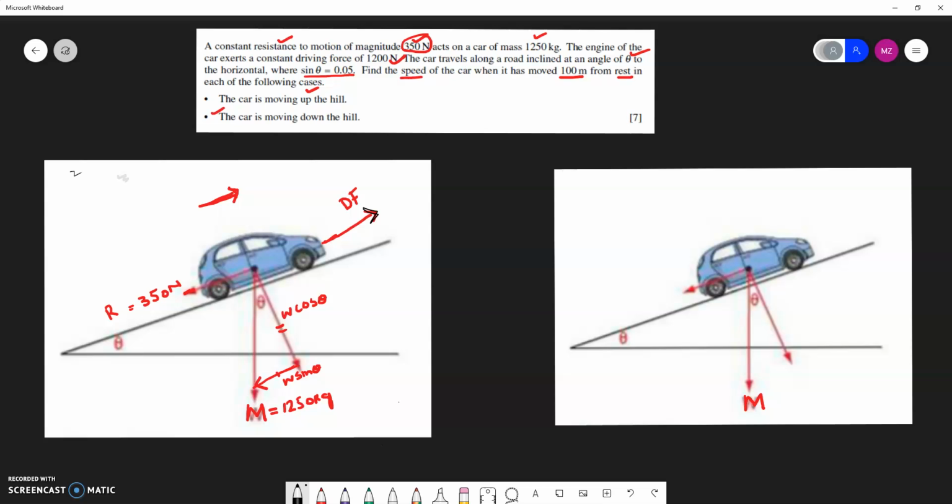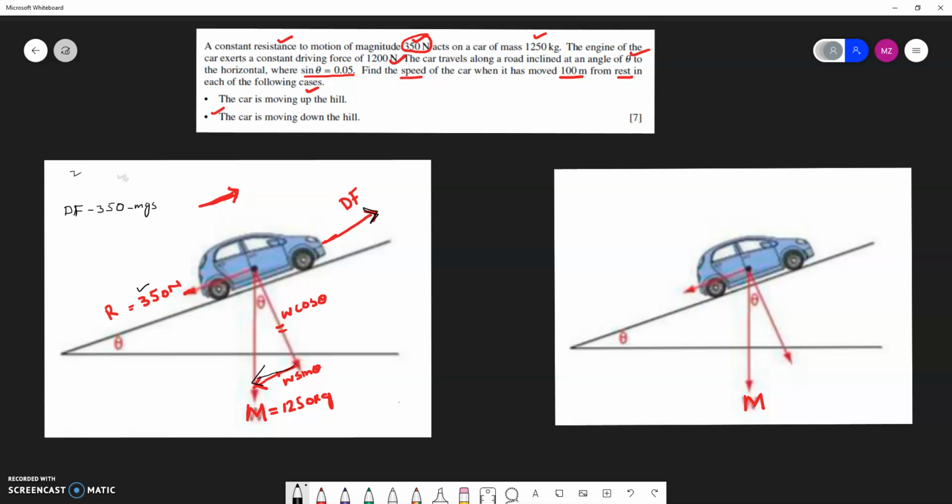The net force will be equal to the driving force acting upward, minus 350 newtons, as the resistance, and minus the component of weight, mg sine theta, since both resist the motion.